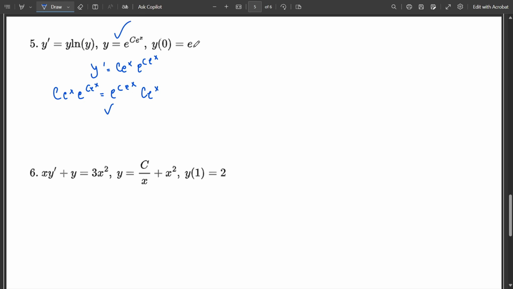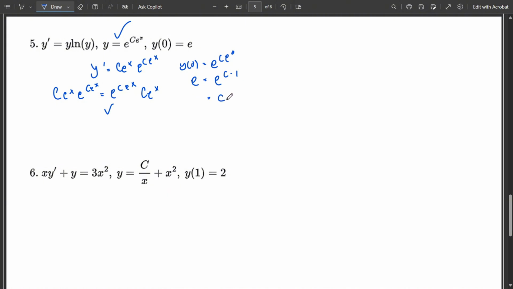So we can do the particular solution. y of 0 is equal to e to the c e to the 0. Well, we have e equals e to the c times 1, and take ln of both sides.